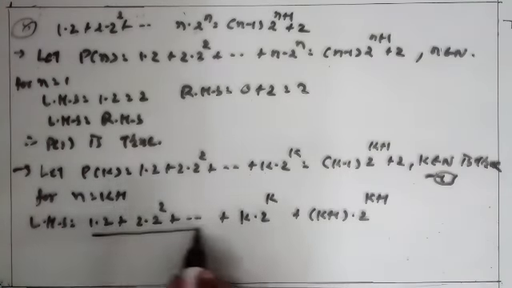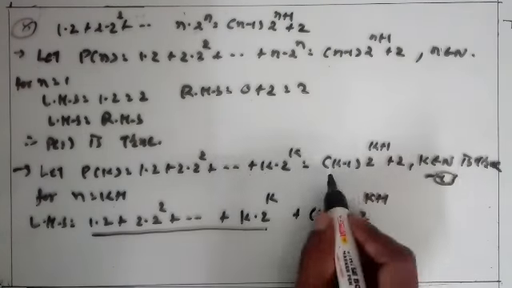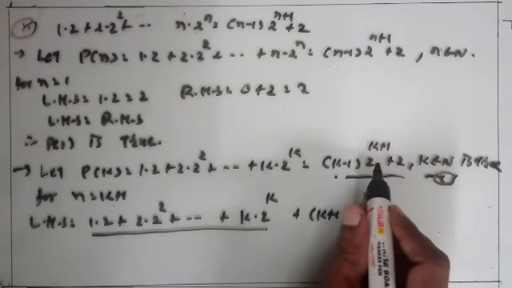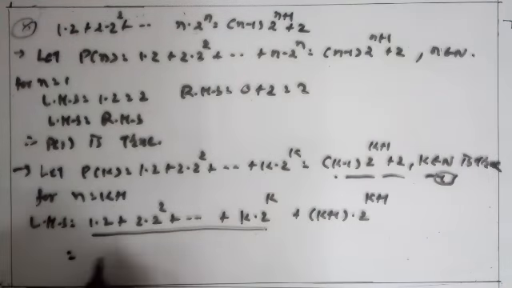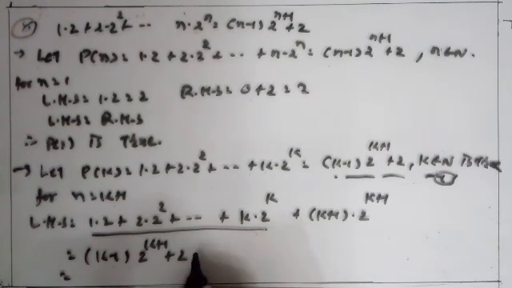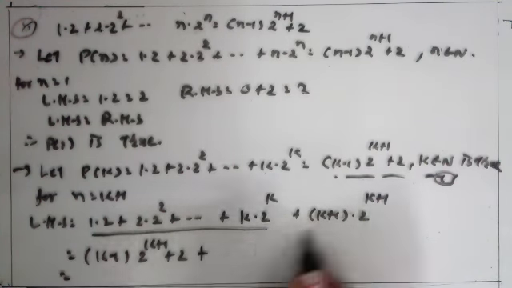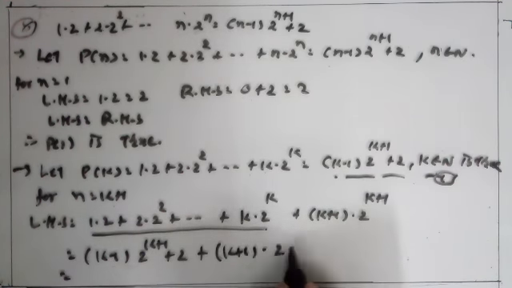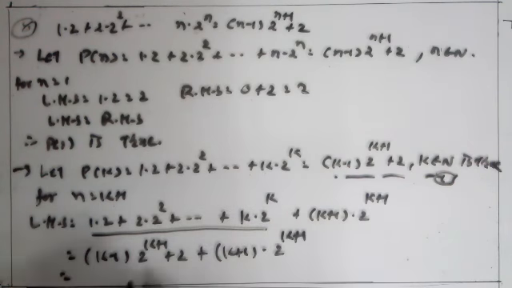Now we know that the sum of 1 to k is equal to, by this result, k minus 1 into 2 raised to k plus 1 plus 2. Clear this? So is equal to, now simplify this, plus terms also given k plus 1 into 2 raised to k plus 1.